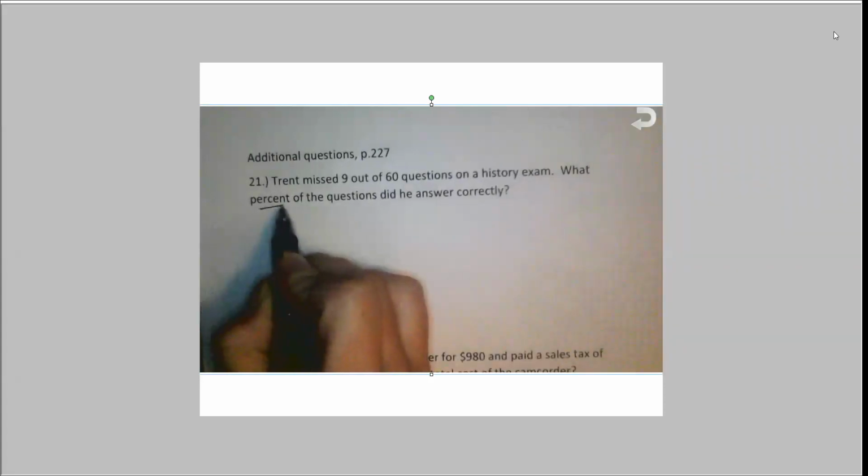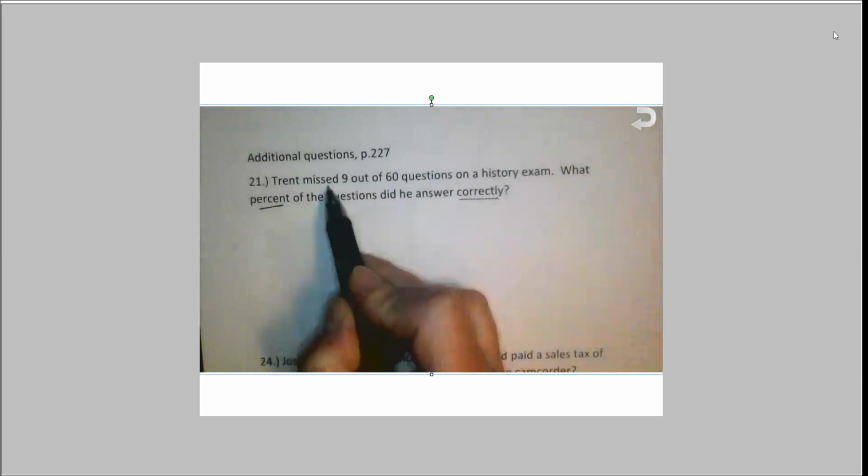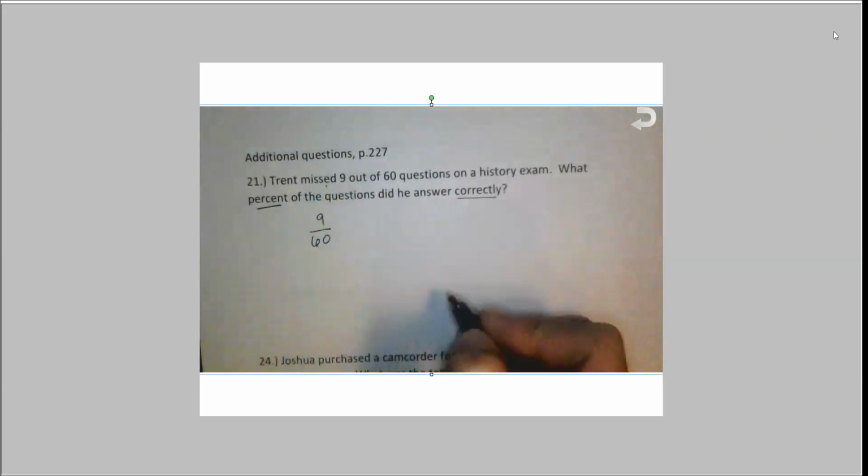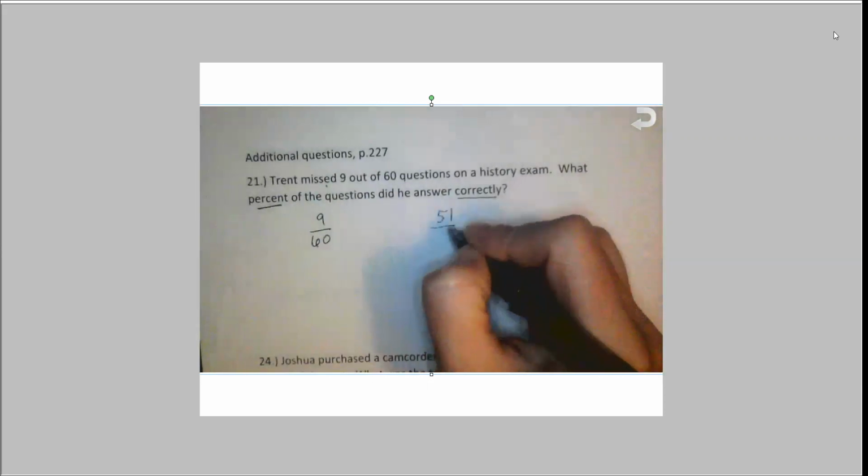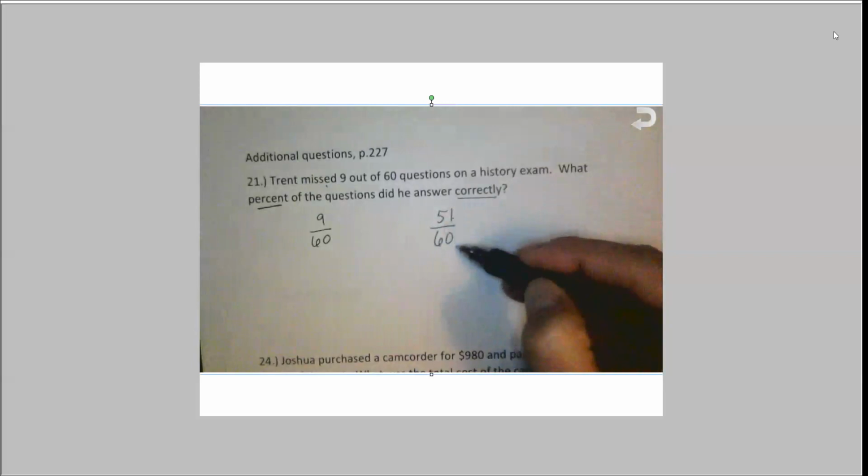First of all, it asks for a percent answer. Secondly, it wants to know how many he got right. It tells me that he missed 9. Okay, if he missed 9 out of 60, how many did he get right? So 60 minus 9 leaves 51 were correct. He got 51 out of 60 correct on that test.